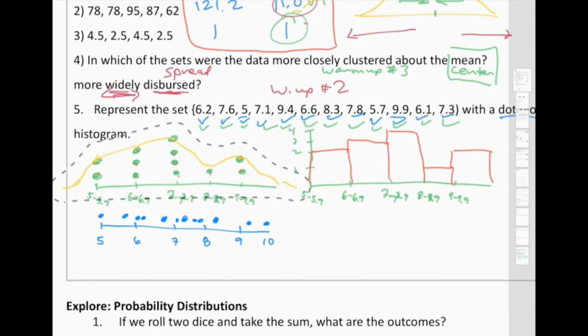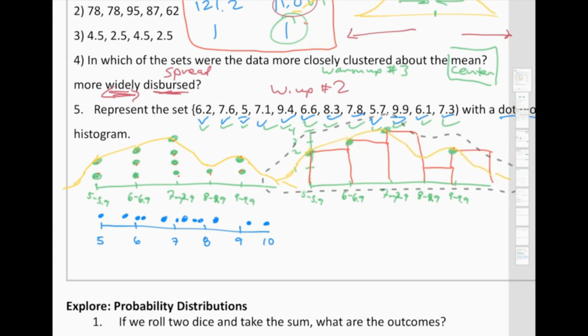Pretty close. Do you see what I was trying to do here? What I was trying to show you is that basically the distributions, the graphs, are pretty much the same for a dot plot or a histogram. Okay, that is our review.